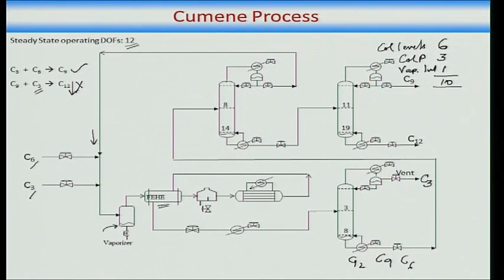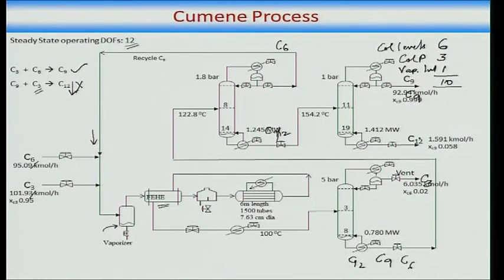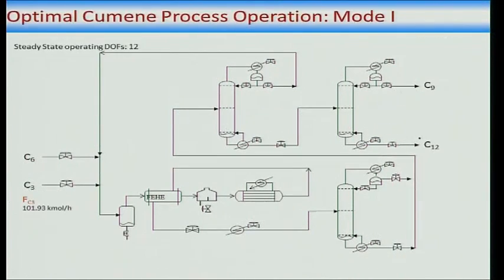In the recycle column, you take out the C6 up the top, and C9 and C12 go down the bottom. The C6 is recycled back because it is precious. The C9 and C12 are sent to a product column where you take out C9 up the top and C12 down the bottoms. Okay. So, this is the basic process, and this is just a base case that we had.